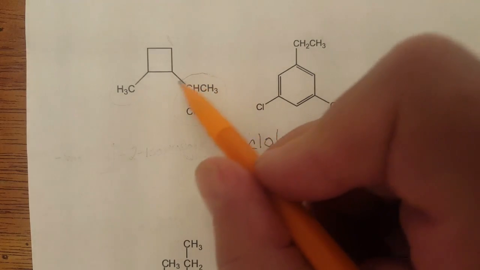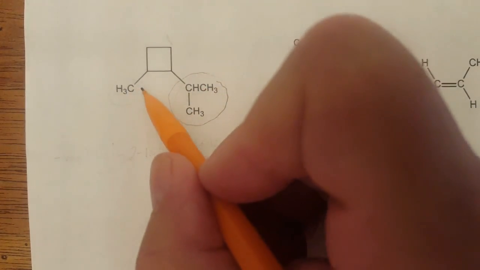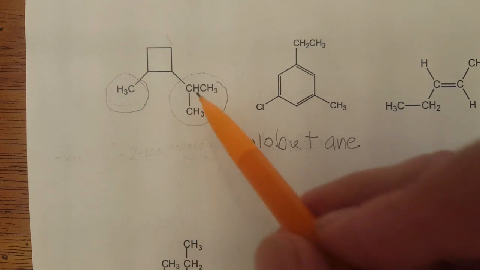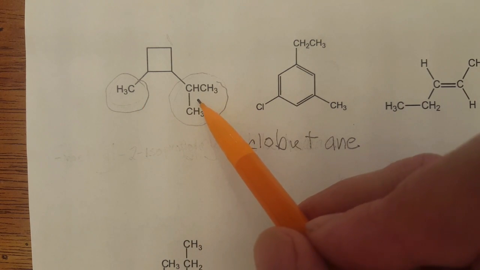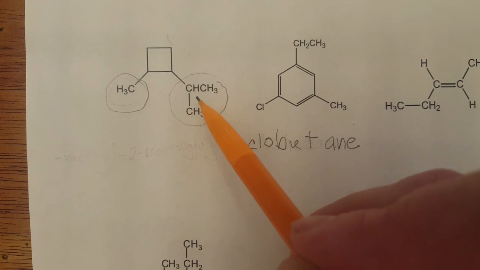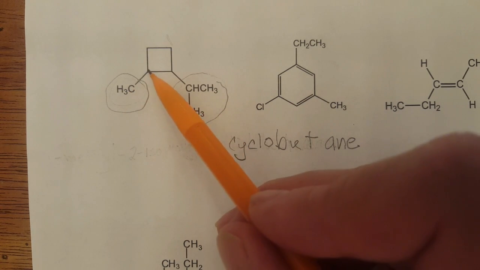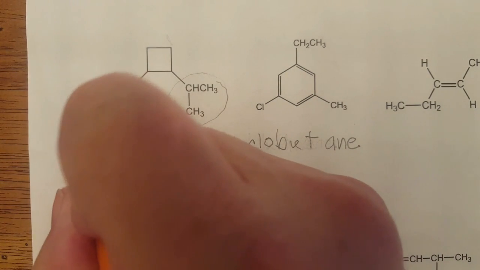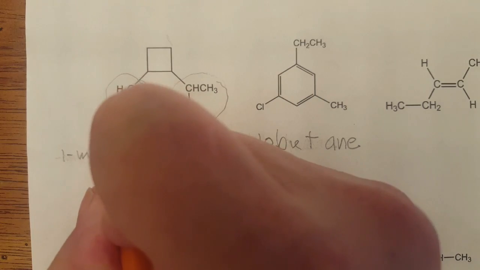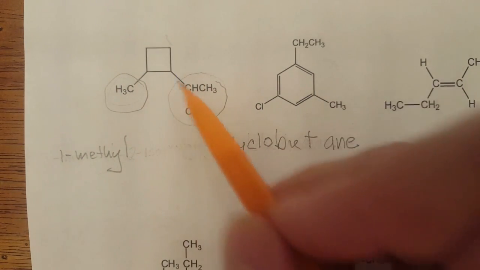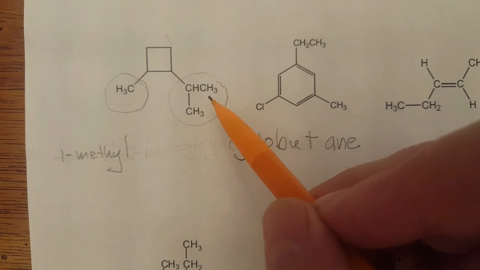There are two substituent groups. There's a methyl group. There's a propyl group. All right, M comes before P, so this carbon gets the 1. So this is going to be a 1-methyl. Here's a propyl group on carbon 2, but it's a special propyl.